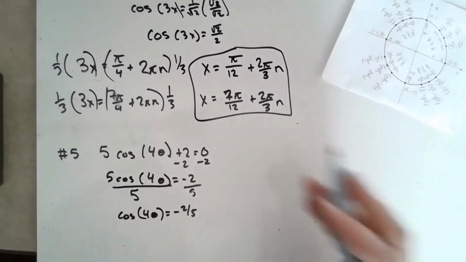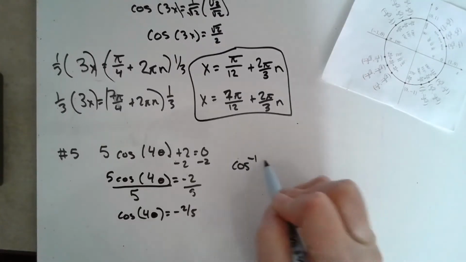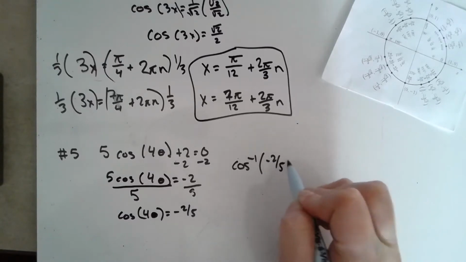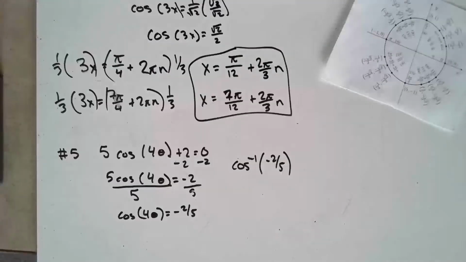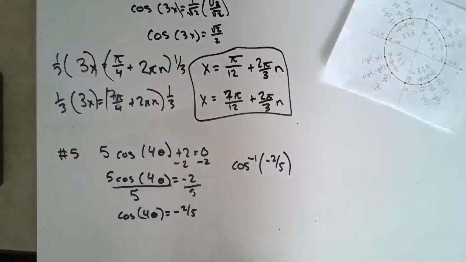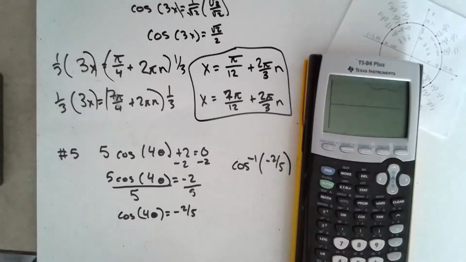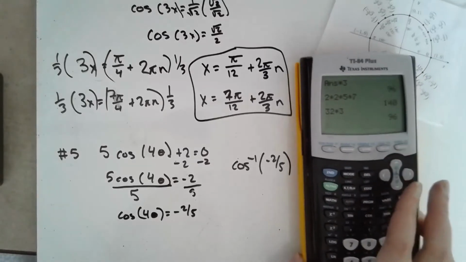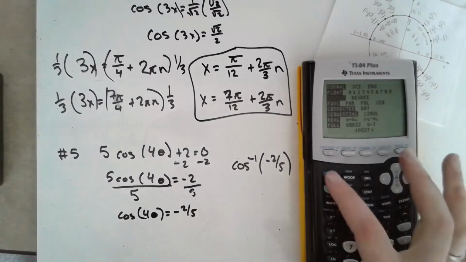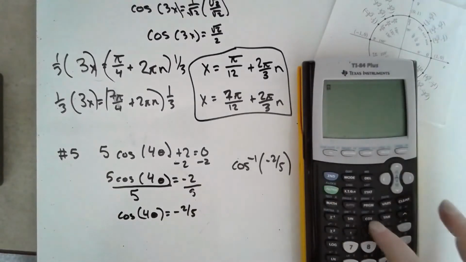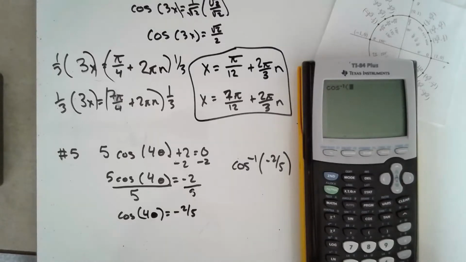So what we're going to do is we're going to go cosine inverse of negative 2/5. So we need our graphing calculator, which I need to find mine real quick. And I got it. Okay, haven't pulled it out yet today. If we pull out our calculator, we're going to first make sure we are in radians. Okay, so I'm in radians. I'm going to go second inverse, or arc cosine of negative 2/5.